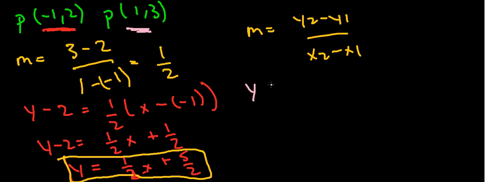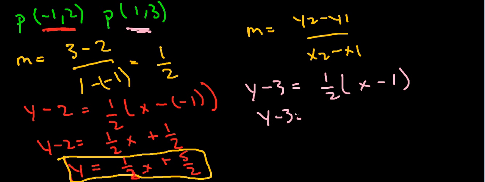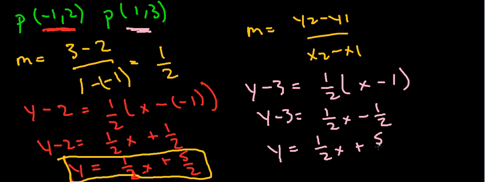So y minus 3 is equal to 1/2 times x minus 1. y minus 3 is equal to 1/2 x minus 1/2. Now we add 3 to both sides, and that's going to give us the same thing. y is equal to 1/2 x plus 5 over 2. Same exact thing.